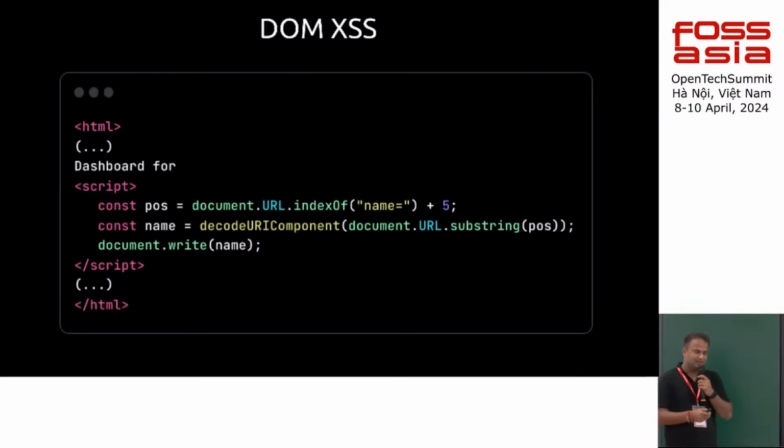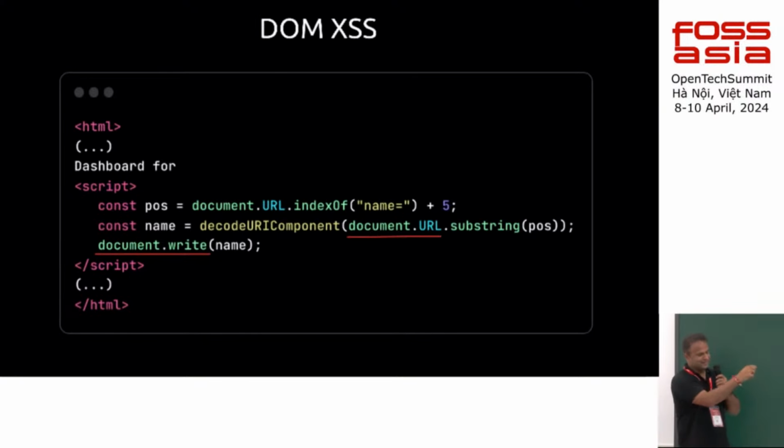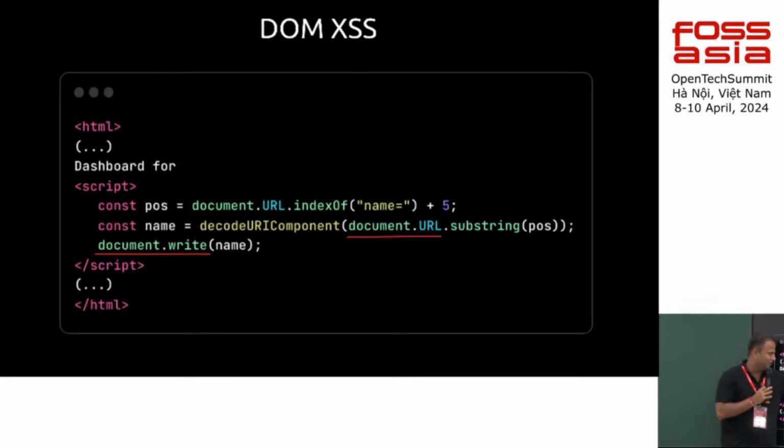And here's another type of XSS, DOM XSS, where this particular code, can somebody point out what's wrong with this code and which part of the code is actually causing the bad thing here? Yeah, that's right. You put a query name, and with the name you try to check out the document.URL.